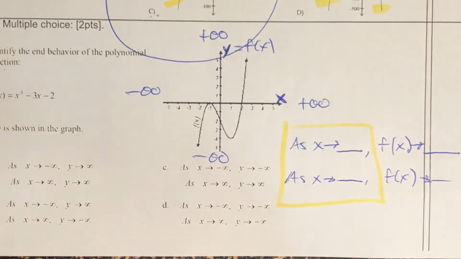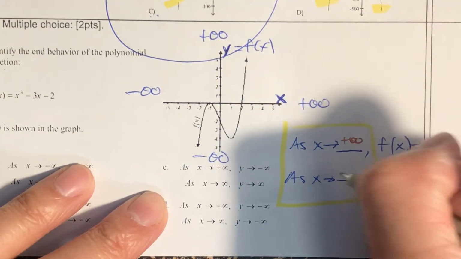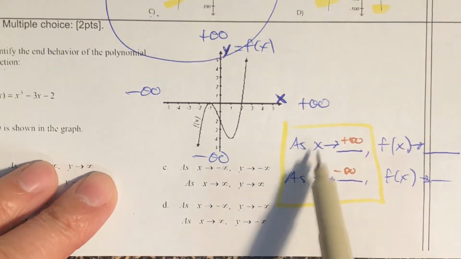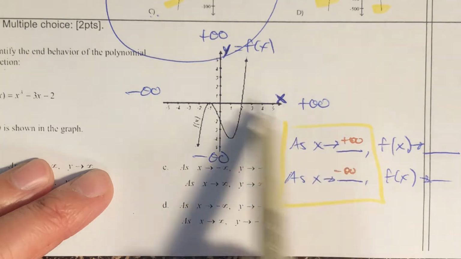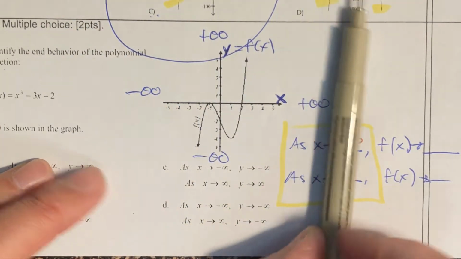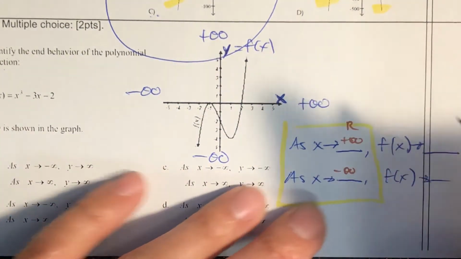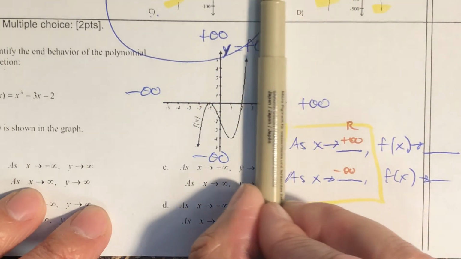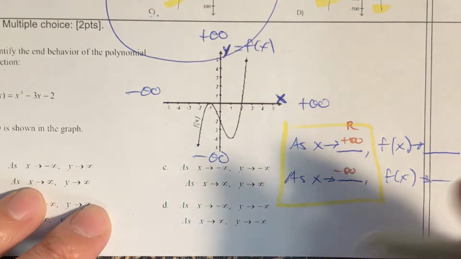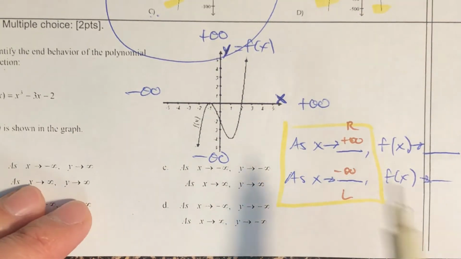This is always the same. You will always have one positive and one negative. Well, if you think about it, on the x-axis, it's always going left or right. So if I go towards the positive, that means you're going towards the right. And this one says, as x approaches negative infinity, says you're coming from this direction, what's happening? That means you're going towards the left.